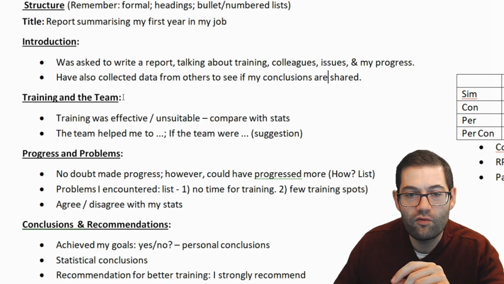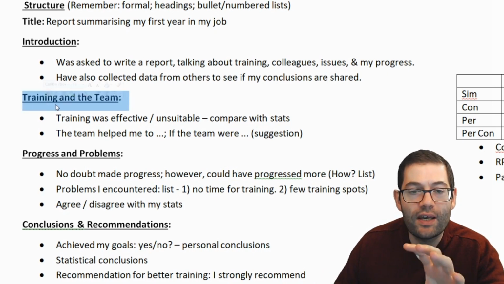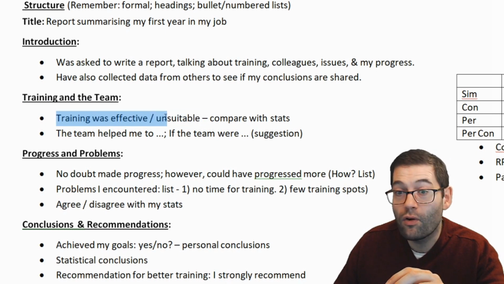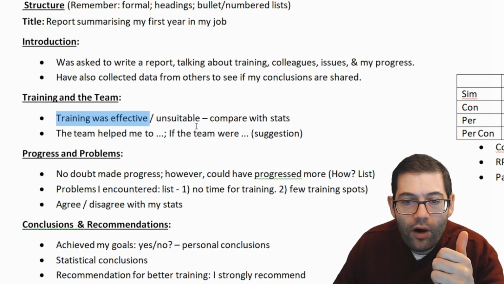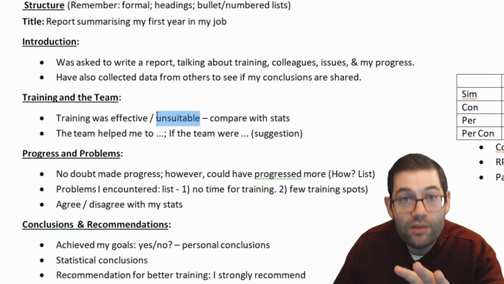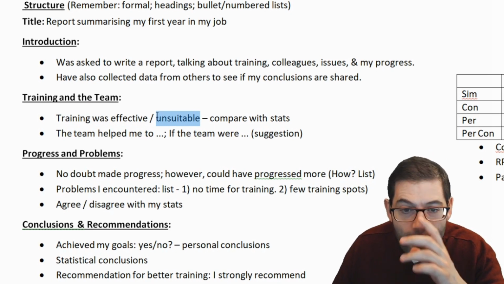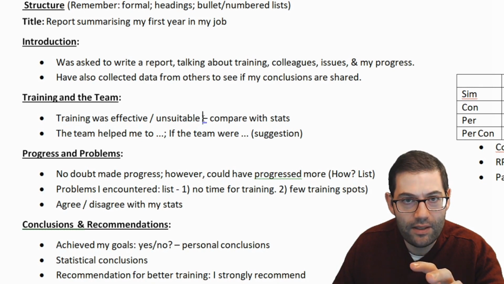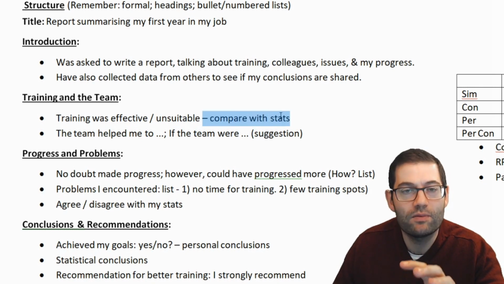So I've created a context for the statistics to help me in my report. What I've done here is I've grouped everything up into 2 sections. The first heading is training and the team. So I've got training was effective, which is a positive, or I might decide to say it's unsuitable. And what I would do here is I would create a discussion by comparing this with the statistics that I got from other people.